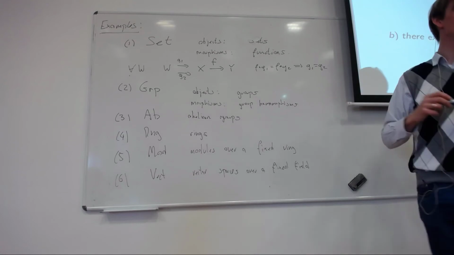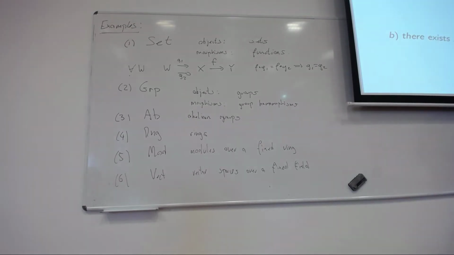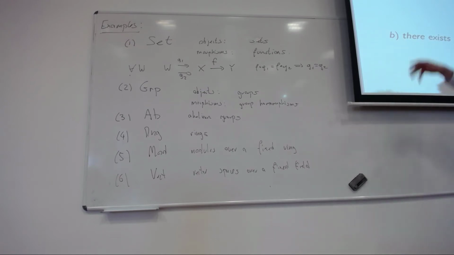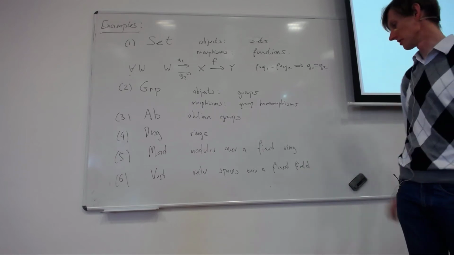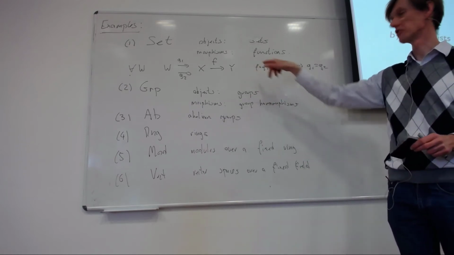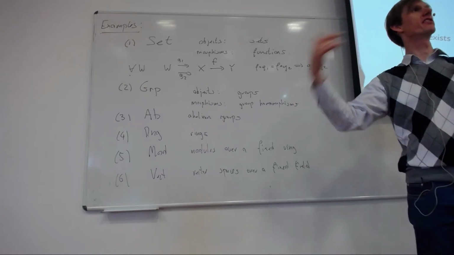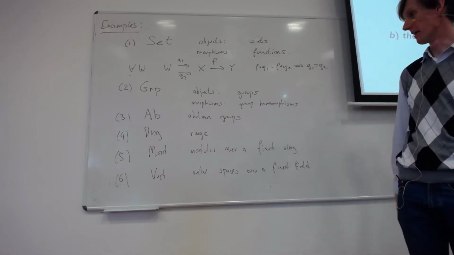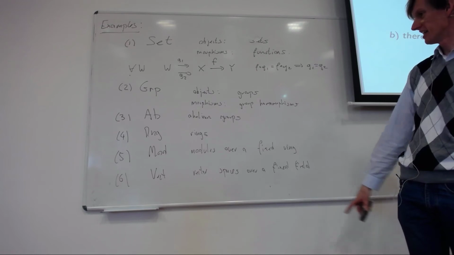So all those familiar algebraic objects that we know are always examples of some category with very natural description of morphisms as those maps that appear in our setting.